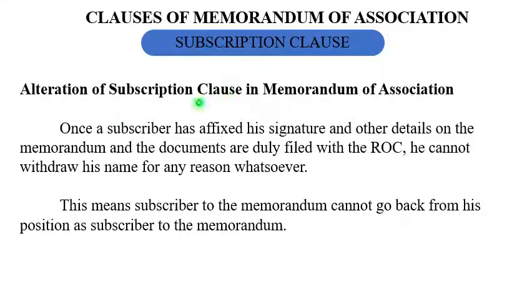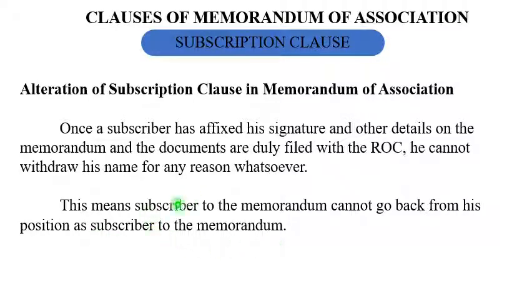Now that is the alteration of the subscription clause of the memorandum of association. Once a subscriber has affixed his signature or other details on the memorandum and the documents are duly filed with the registrar of companies, he cannot withdraw his name for any reason whatsoever. That is, once a subscriber, a member, has signed and the papers are submitted to the registrar of companies, he cannot withdraw his name. This means that the subscriber to the memorandum cannot go back from his position as a subscriber to the memorandum.